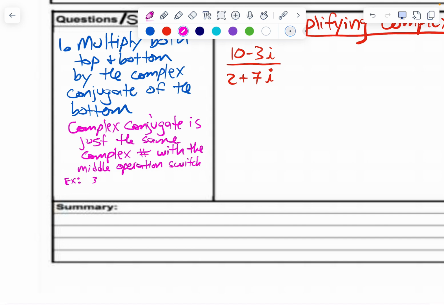Something like 3 plus 2i becomes what? 3 minus 2i. So you would multiply by the same thing, only switch the plus to a minus. If it started maybe as negative 5 minus 3i, what would it be?